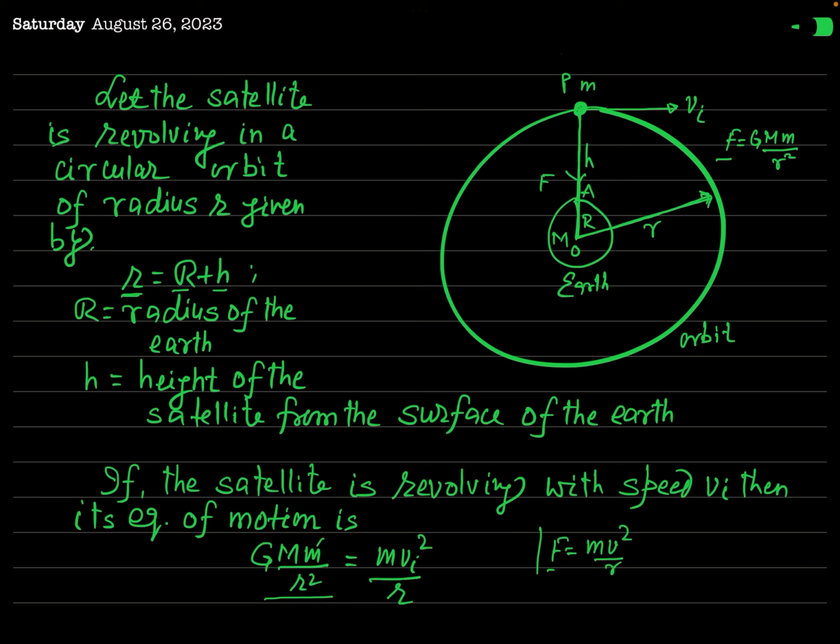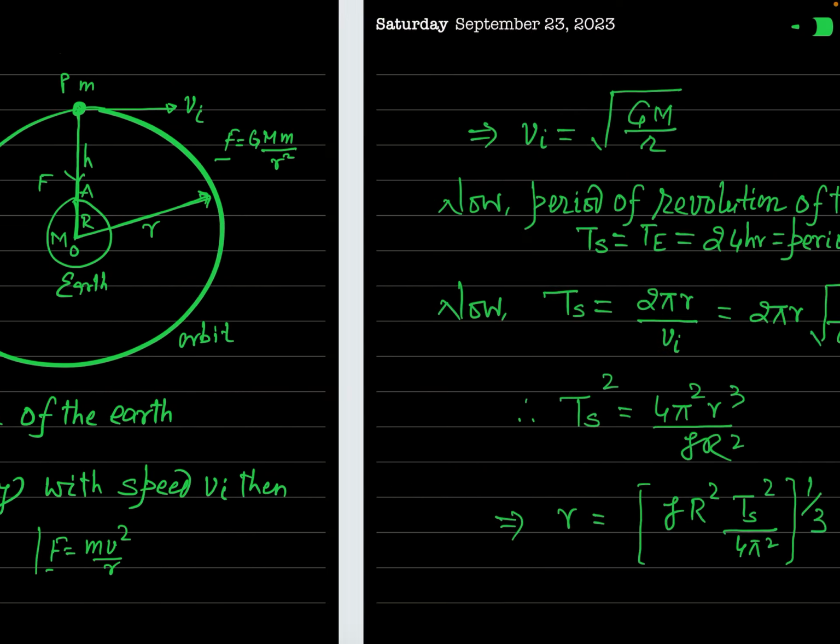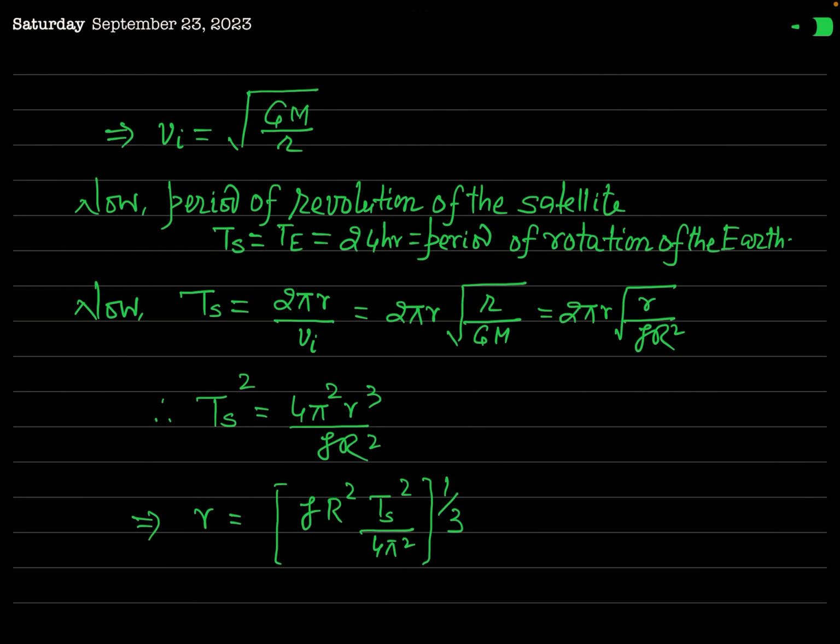Now you can see this small m, which is the mass of the satellite, will cancel out. This r will also cancel out. So finally you get vi equal to root over GM divided by r.